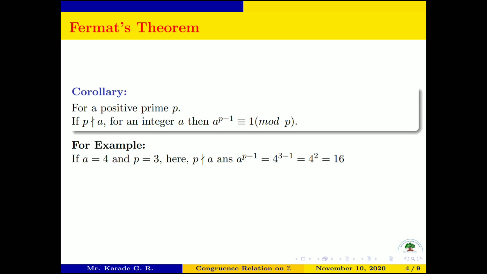This is the condition for Fermat's theorem, and then we calculate a raised to the power p minus 1, which is 4 raised to the power 3 minus 1, equal to 4 raised to 2, which is 16. But 16 is congruent to 1 mod 3. That is known to you, because when we divide 16 by 3, the remainder left is 1. Therefore 16 is congruent to 1 mod 3.